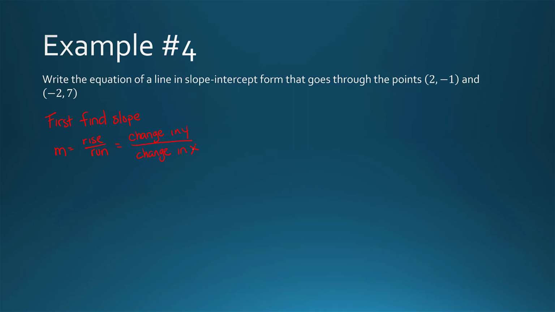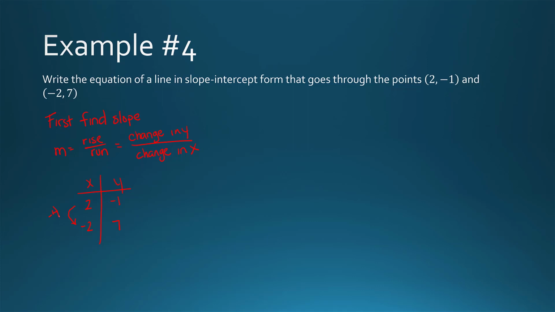So to do this, I'm going to put these into a table actually. So 2, negative 1, and negative 2, 7. And I'm going to see what's the difference from one point to the next point. So 2 to negative 2 here. To go from positive 2 to negative 2, I'm going to subtract 4.